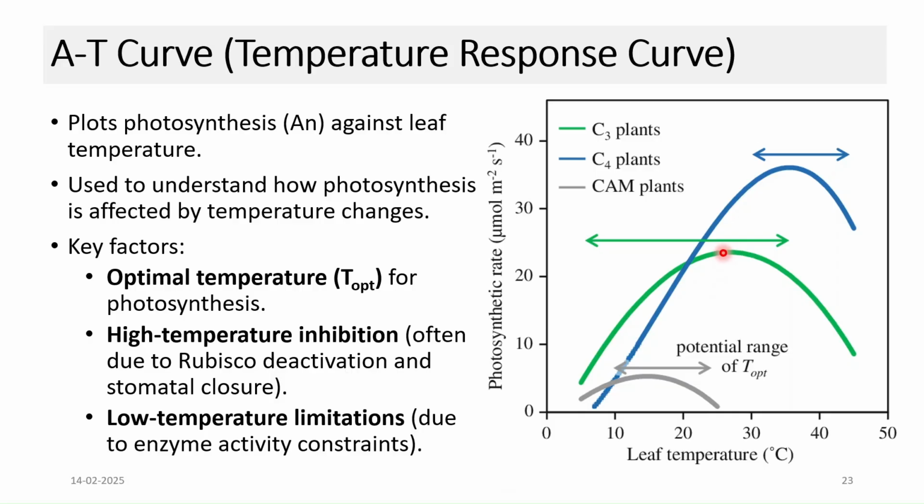At this temperature, the rate of photosynthesis will be very high, but as temperature keeps increasing as well as decreasing, the photosynthetic rate is also going to keep decreasing. At high temperatures, the decrease in photosynthesis rate is often due to Rubisco deactivation and stomatal closure. And at low temperatures, the limitation is due to enzyme activity constraints.